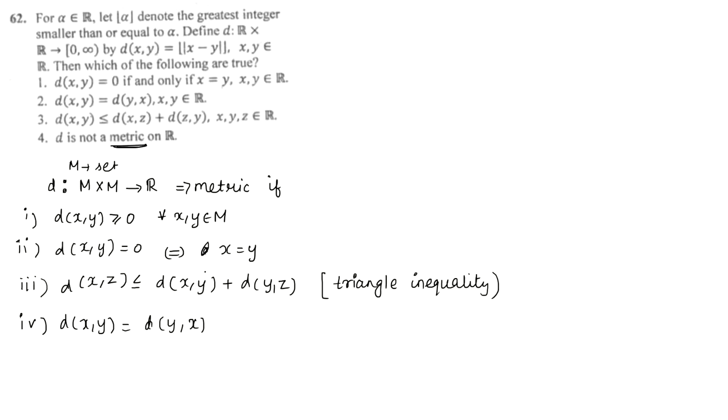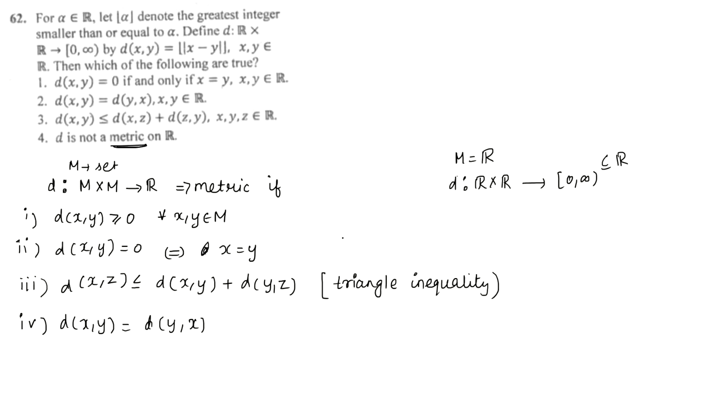Alright, so we have to check whether all these 4 properties are satisfied by D or not. Clearly here M is the set R and D is a function from R cross R to the closed interval 0 to infinity, which is clearly a subset of R. So the range is 0 to infinity.